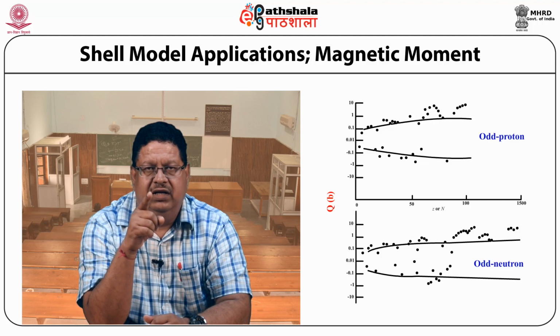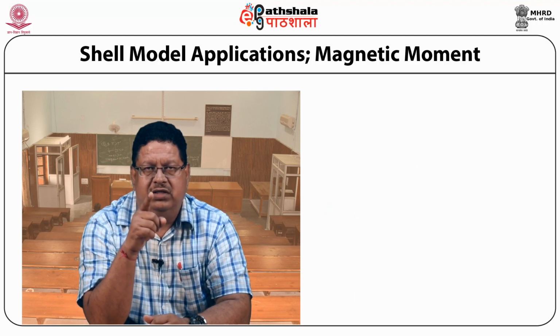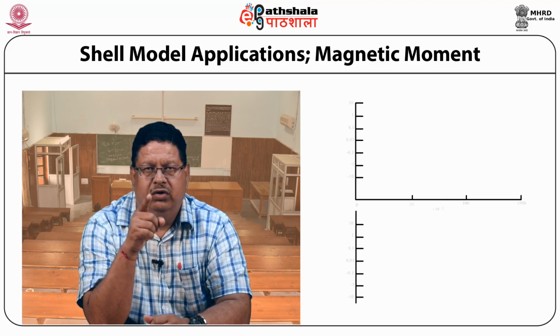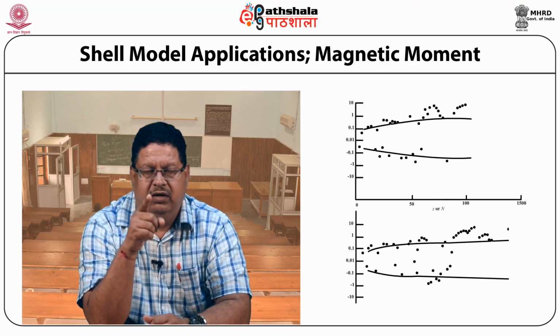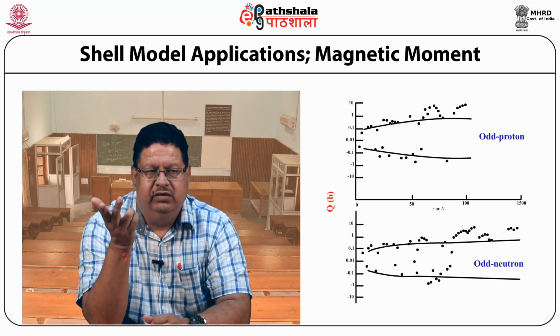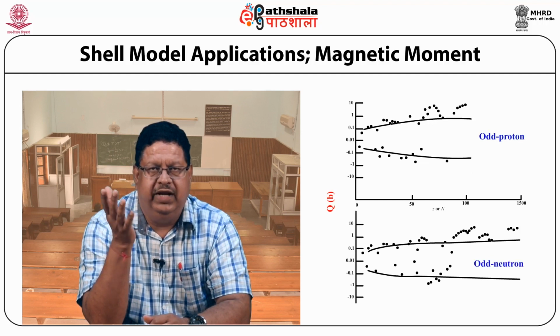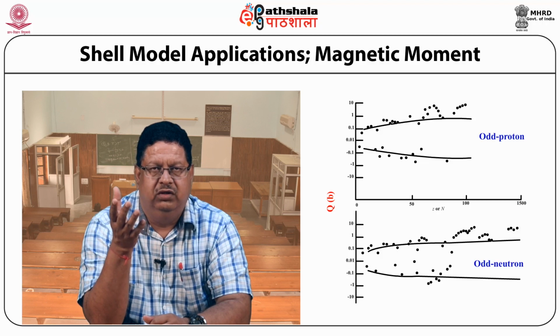So, here basically you can see that ideally a nucleus with an odd neutron should have no quadrupole moment, because quadrupole moment is nothing but the asymmetry in the charge distribution.